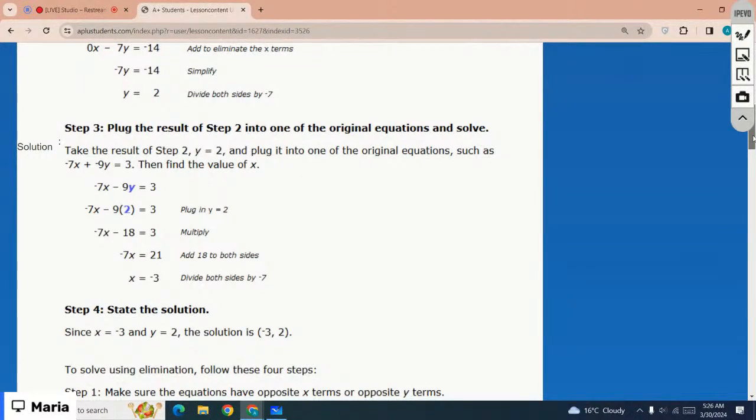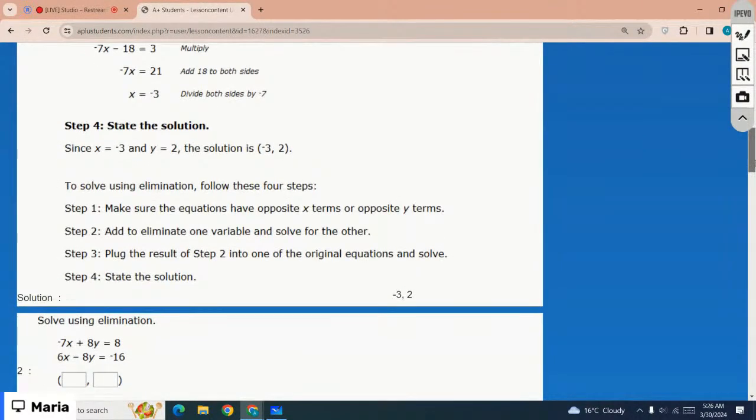So to solve using elimination, follow these four steps. Make sure the equations have opposite x or opposite y terms. Add to eliminate one variable and solve for the other. Plug the result of step 2 into one of the original equations and solve. And the last one is state the solution, right?